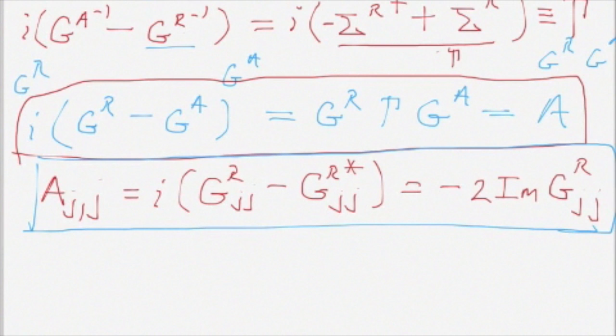So again, if you were just interested in the density of states, we've already said the spectral function is like 2 pi a times the density of states.